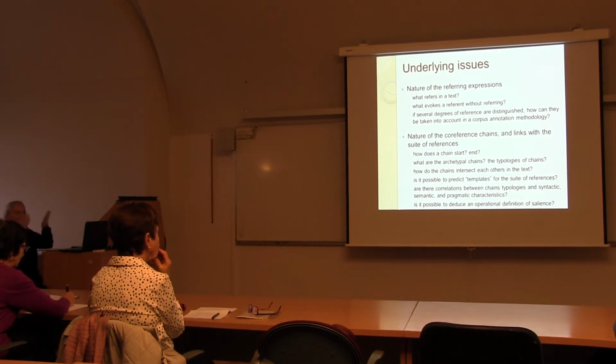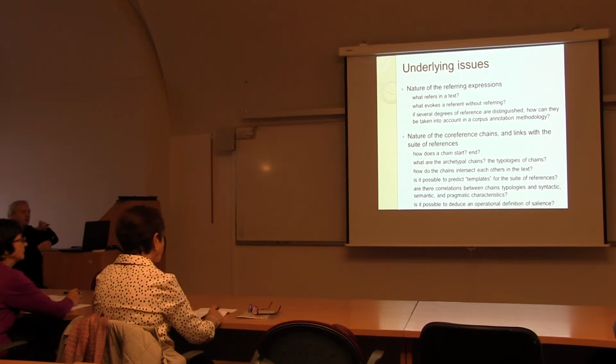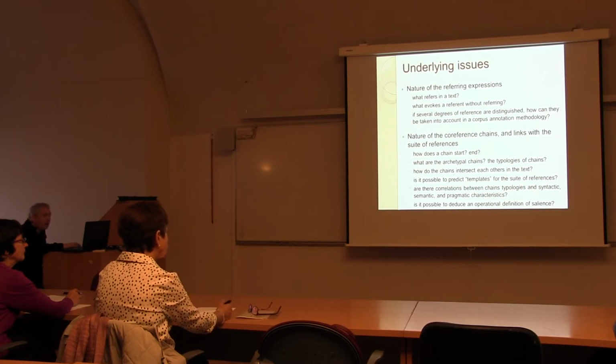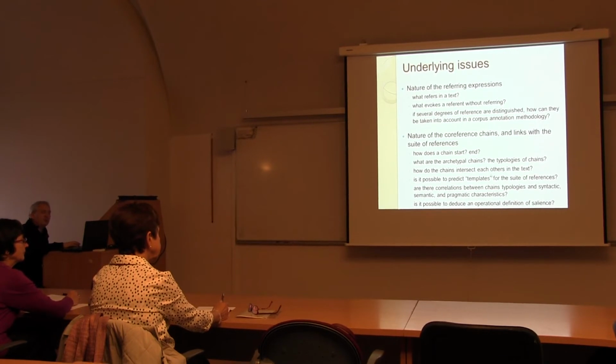Or, at the opposite, a succession of redenominations with a set of names that are not the same from one expression to other ones. And then, by that, we have the aim to identify typologies of chains, pronominal chains versus other kinds of chains. How do the chains intersect each other in the text?